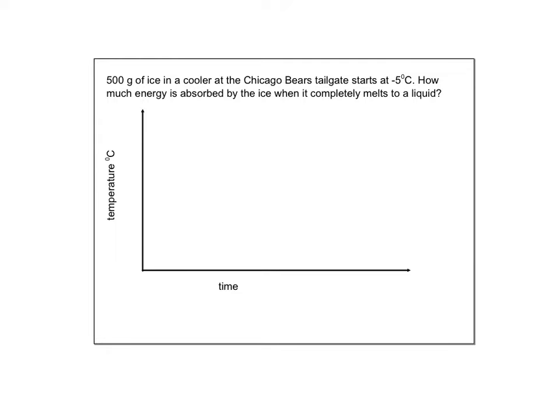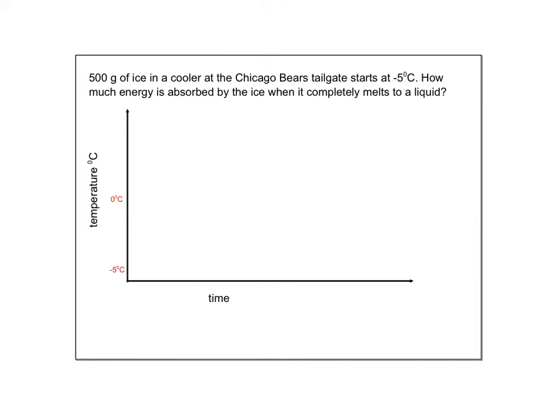Personally, I start with the graph, because if I draw the graph and know where I'm starting and ending, I know exactly how many calculations this problem requires, because not all of them will require all 5 steps. When making the graph, I start by putting only the important temperatures. Important temperatures will be starting temp, ending temp, and then 0 and 100 degrees Celsius for water, and this is ice, so it's water.